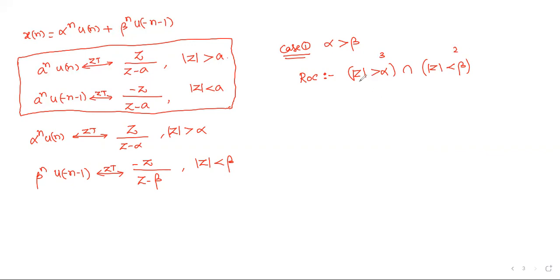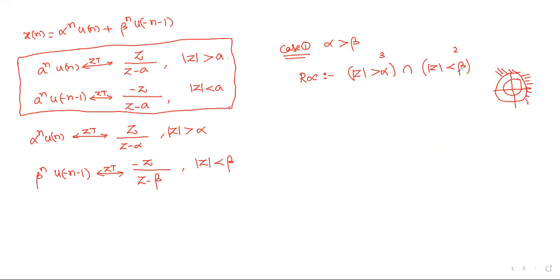How can we draw the resultant ROC here? Let me draw that. Here is the radius of 2 inside circle, here is the radius of 3. Now mod Z is greater than alpha, that means outside of this circle.